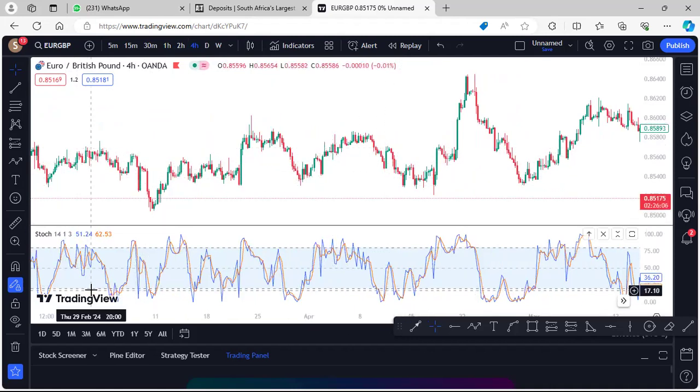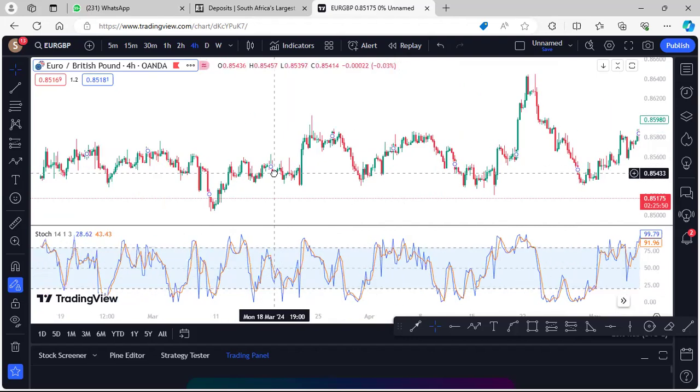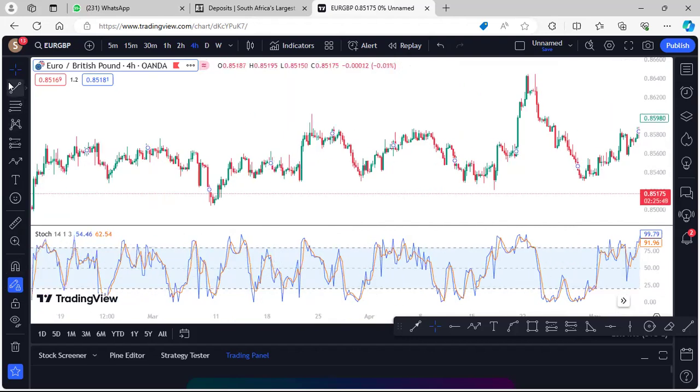At the bottom here, you usually have 20%, and up here it's 80%. What we are expecting is, we believe in Forex that the market always corrects itself.